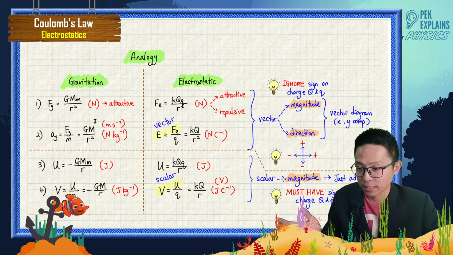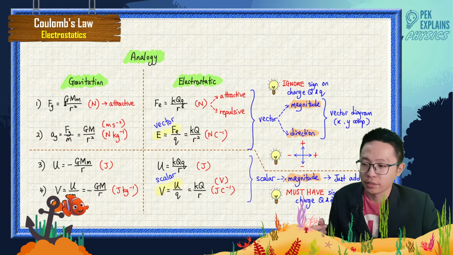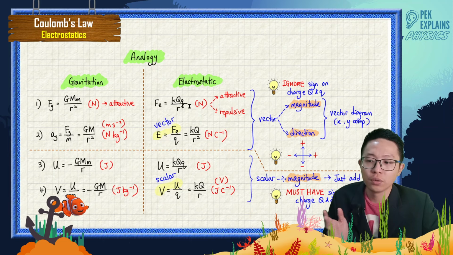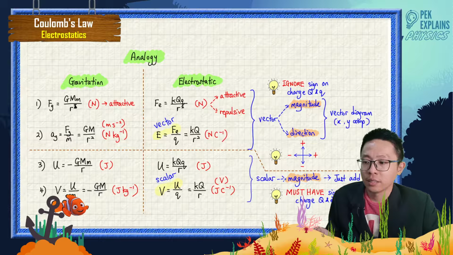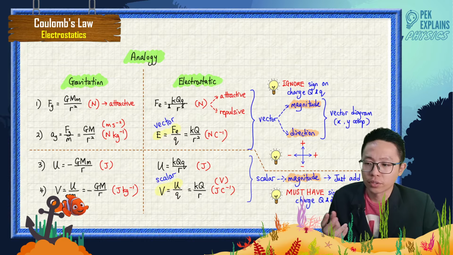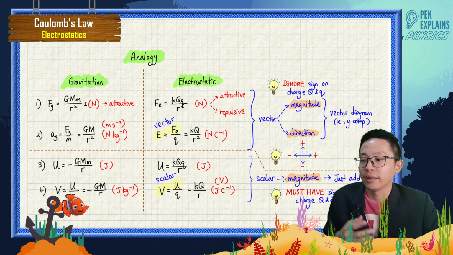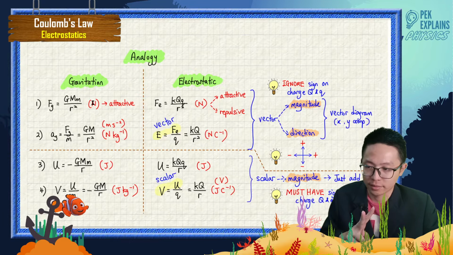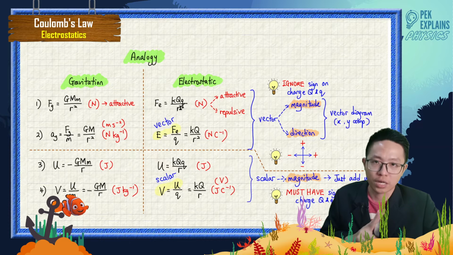For example, the formula for gravitational force is gmm over r square, and electrostatic force is kqq over r square. The difference is just the constant: last time we used g, now we use k. Last time we used two masses, now we have two charges.